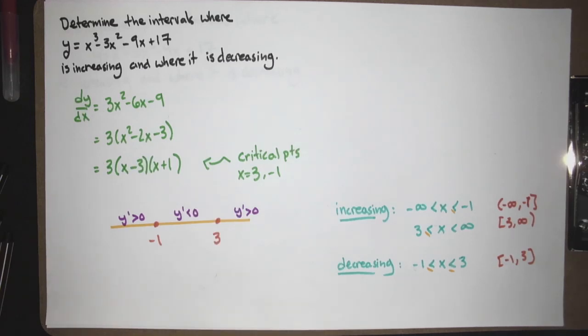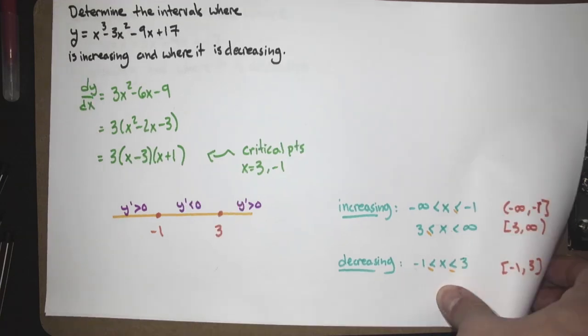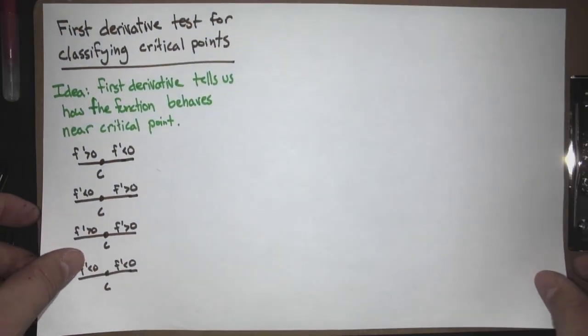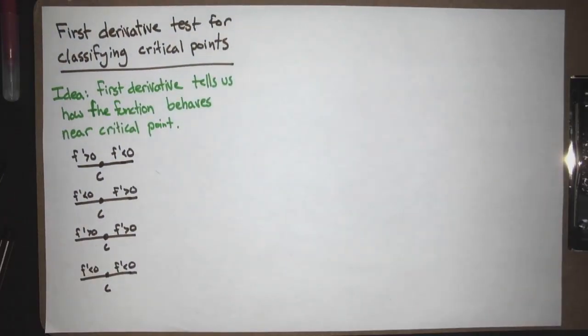All right, good. Now this gives us some idea of how the function is behaving, but what do we do with this information? Well, we can use this to help us understand critical points. And here's the idea. The first derivative tells us how the function behaves near a critical point.